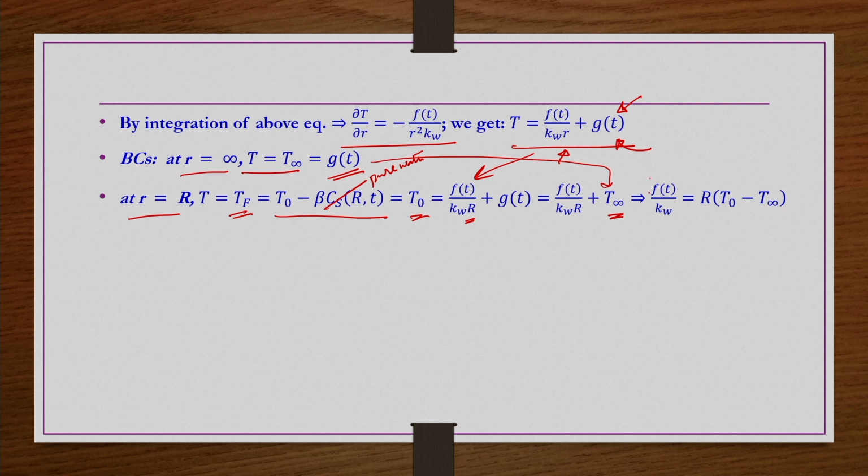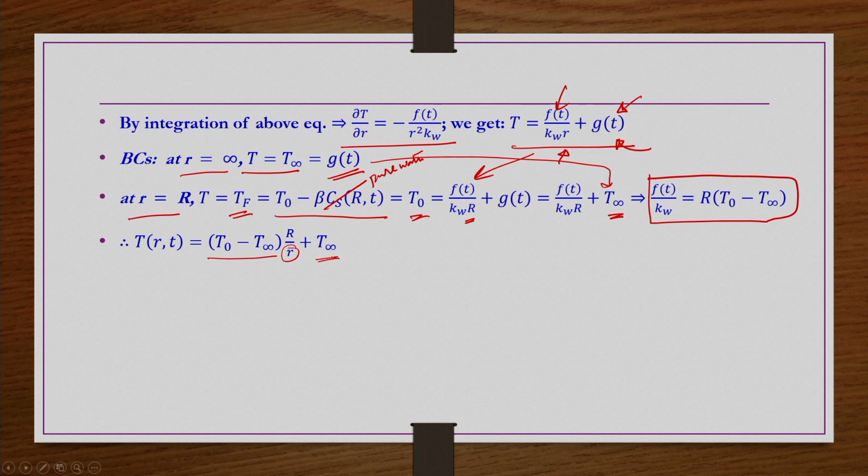So f of t by Kw equals capital R multiplied by (T naught minus T infinity), and then all this divided by r, plus g of t which is T infinity. So this is the relation for the temperature as a function of time.